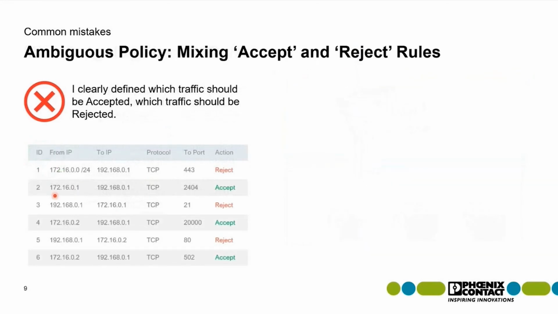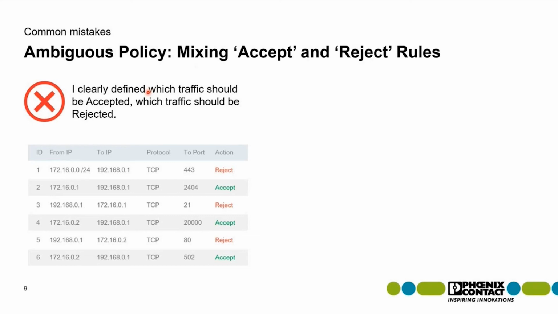Okay, till now we have mentioned the mistakes from a higher-level perspective. Now let's get down to more detail regarding implementing firewall rules themselves. The first one is ambiguous policy, which means mixing accept and reject rules in the firewall table. This happens when people implement firewall rules in a very straightforward manner.